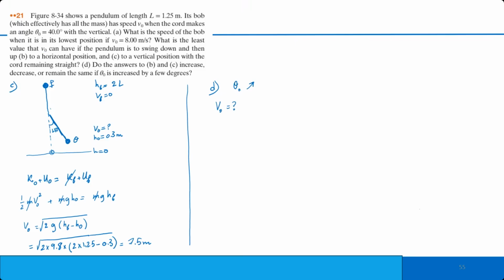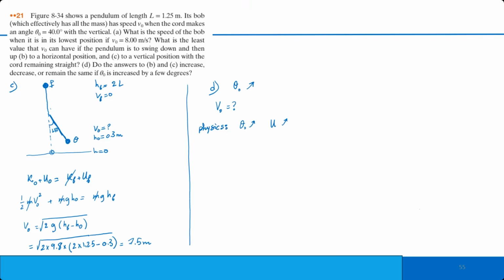Now, there are two ways to think of a solution to this question. The first is by physics. Physics-wise, if you look at the angle theta 0, if we increase it, then the potential energy increases, because when you increase the angle, you're essentially changing the height.